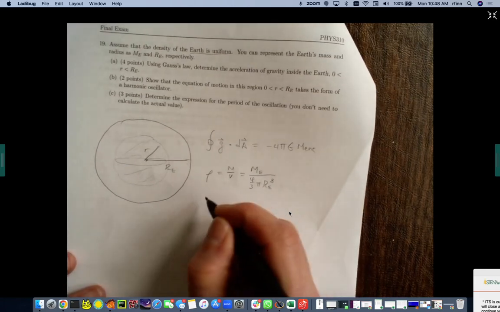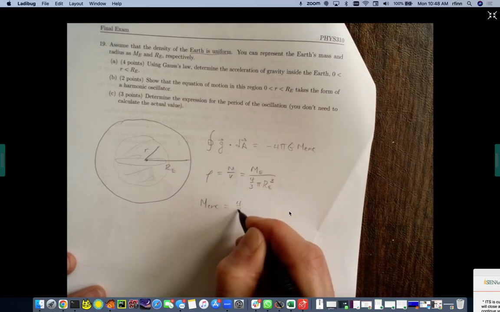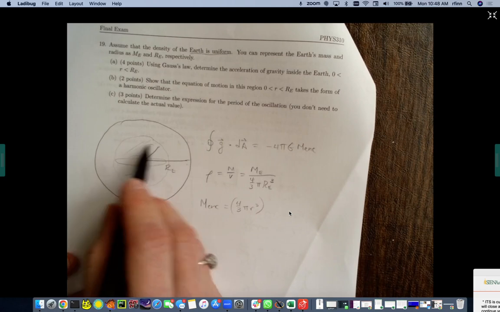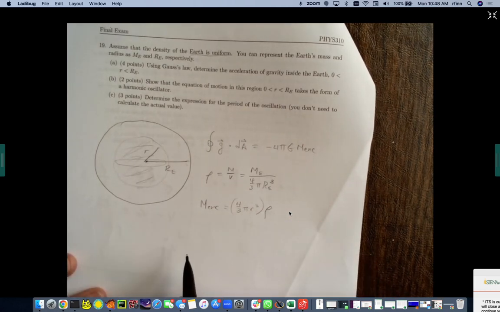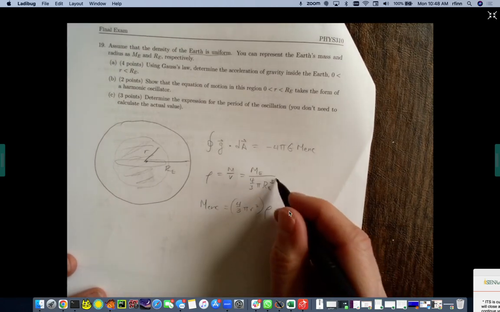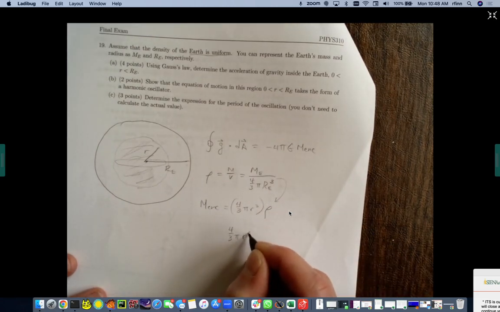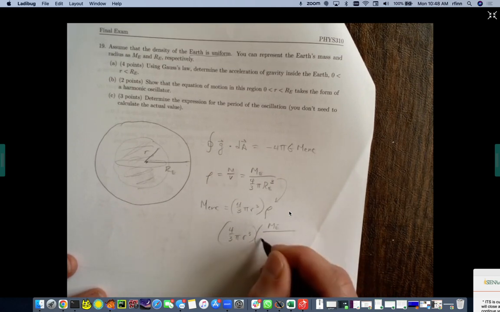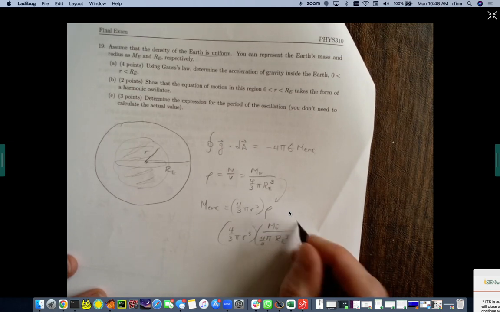Okay, so then my enclosed mass will be 4/3 pi little r cubed, right? So that's the volume inside the shaded sphere. And now I have to multiply by the density of the Earth. So I can plug that in: 4/3 pi little r cubed times my density, which is the mass of the Earth divided by 4/3 pi R_E cubed.